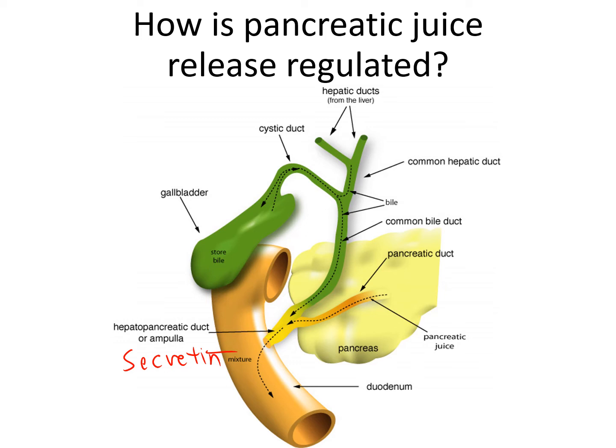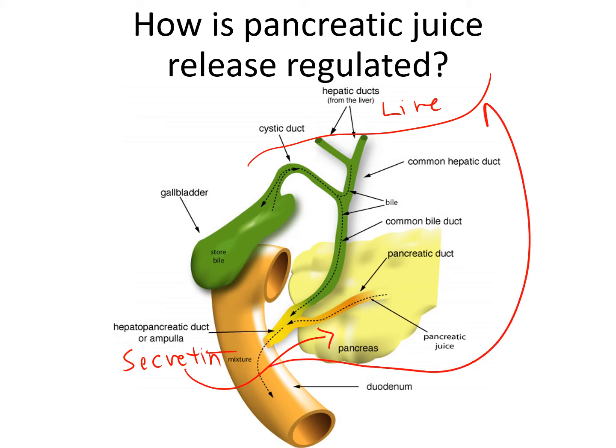As all hormones do, secretin travels in the bloodstream, and you'll notice that it will target the pancreas and the liver. So secretin travels the bloodstream to the pancreas, and then they don't have the liver, so I'm just going to put it up here. Okay, so secretin also is going to target the liver.